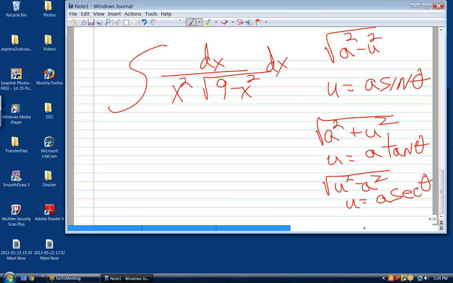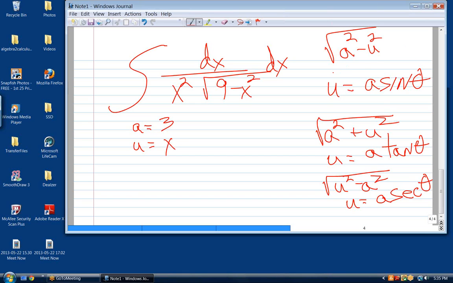Let's apply the rule to this problem here. Since the format is a squared minus u squared, what's a and what's u equal to? A is equal to 3, and u is x.